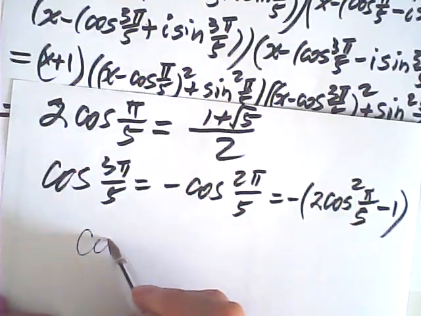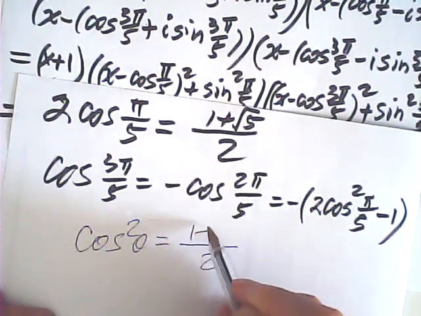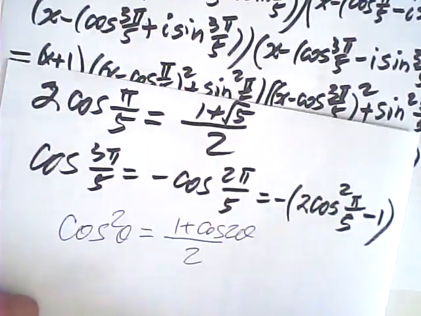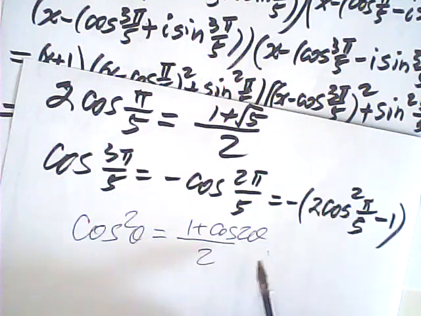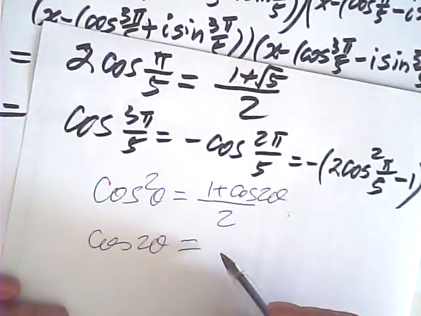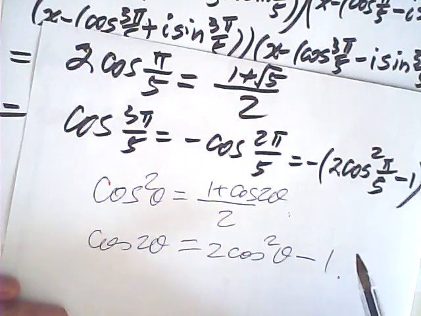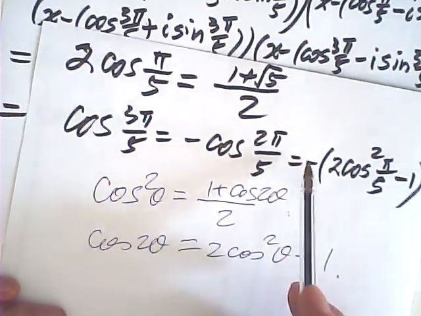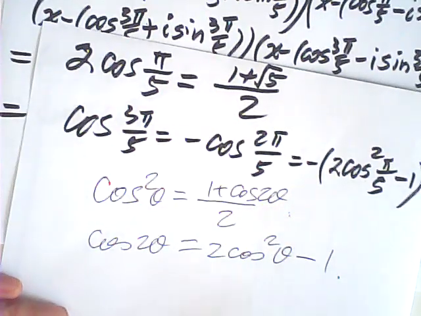Okay, cosine square theta is equal to half 1 plus cosine 2 theta. Therefore, cosine 2 theta is equal to 2 cosine square theta minus 1. Yeah, this negative, this one is 2 times this one. Yeah, it's correct.